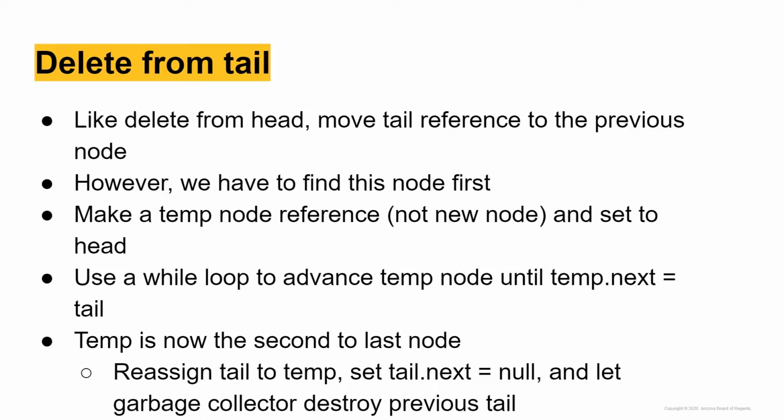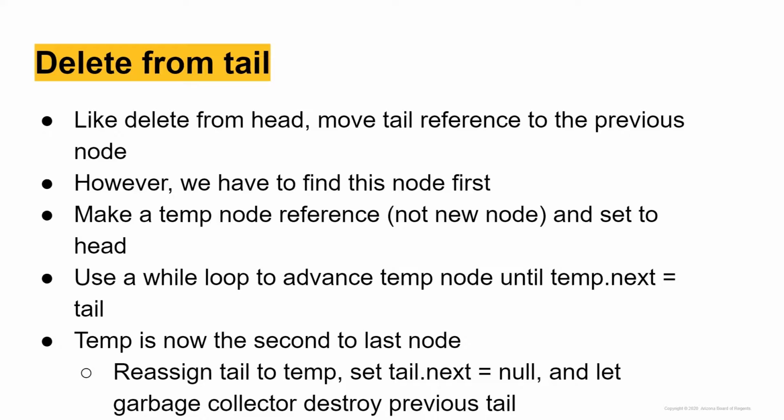And we're going to do a similar thing that we did to find the index in that adding method, where we're going to take our temp node. We just need one right now. We don't need the previous. And we're going to set it equal to head, and we're going to use a while loop to advance it until temp.next is equal to the tail.